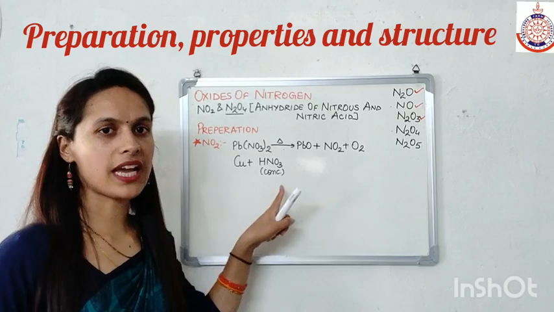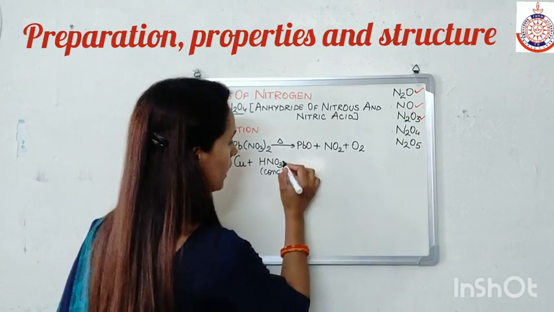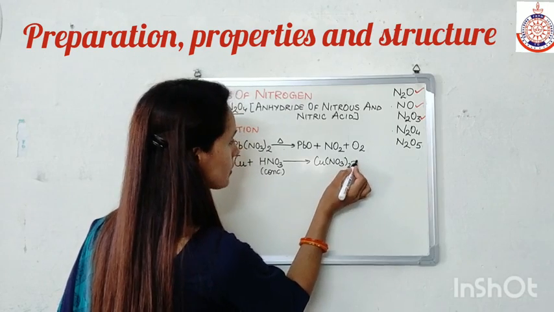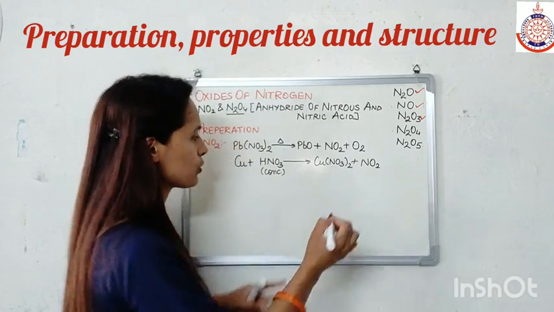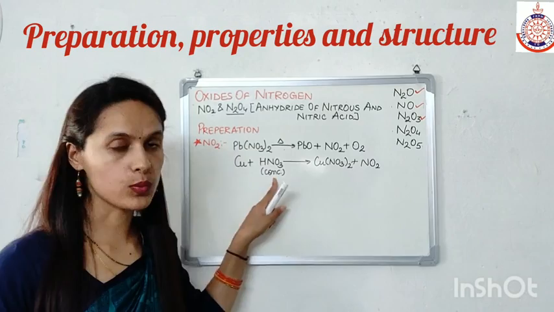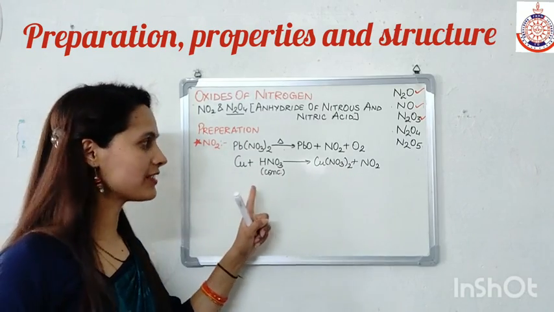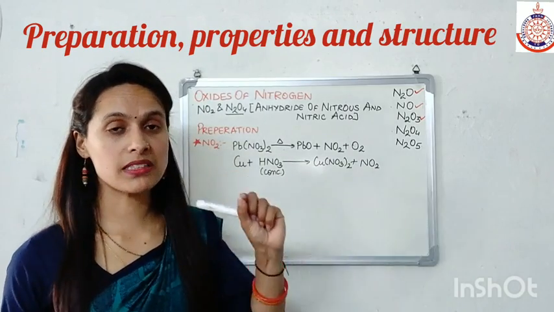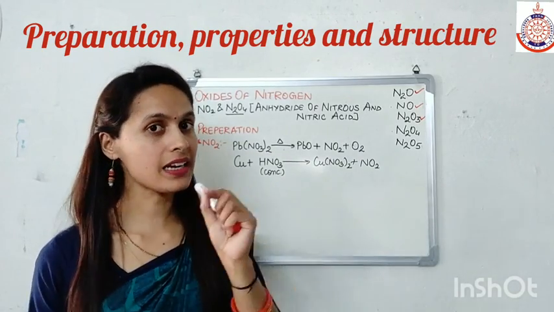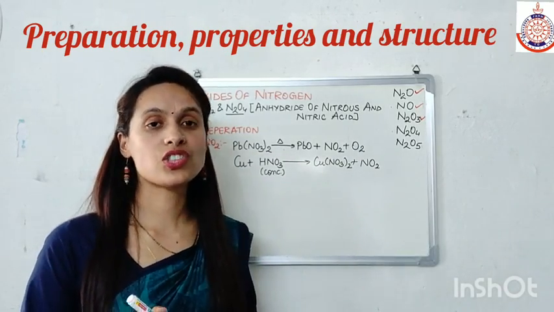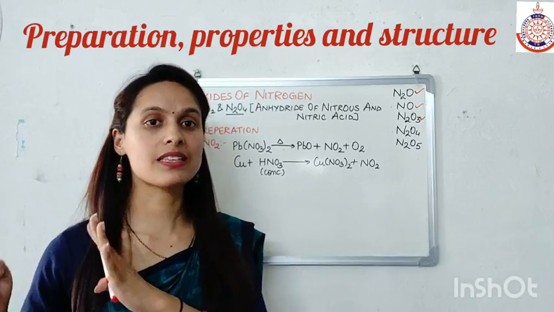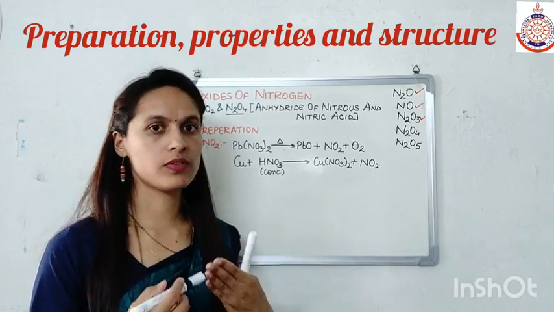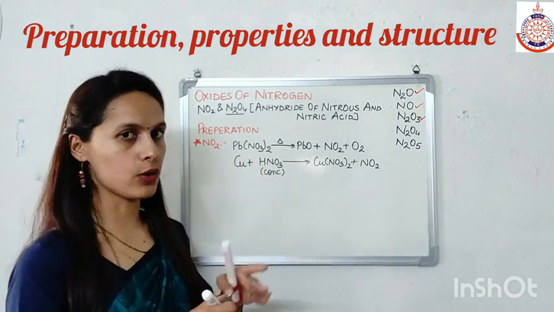So when Cu reacts with concentrated HNO3, then it forms Cu(NO3)2 plus NO2. So when we have dilute HNO3, we get NO. When we have concentrated HNO3, we get NO2. So this is the basic difference between dilute and concentrated. Due to the change in the concentration, we get separate products with copper. So we have these two methods with the help of which we can prepare NO2.